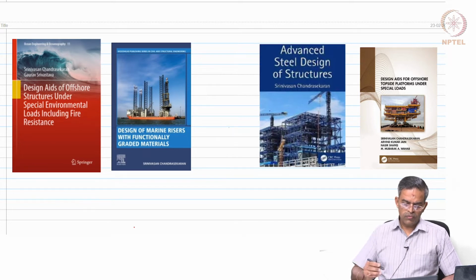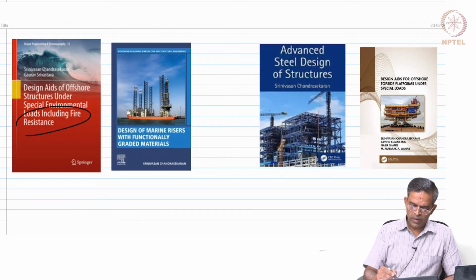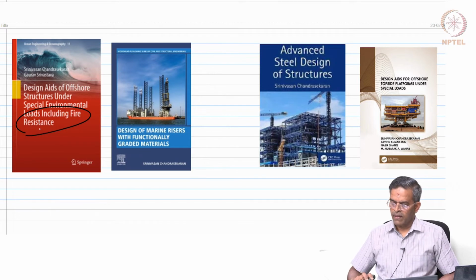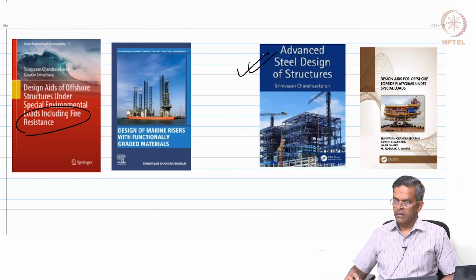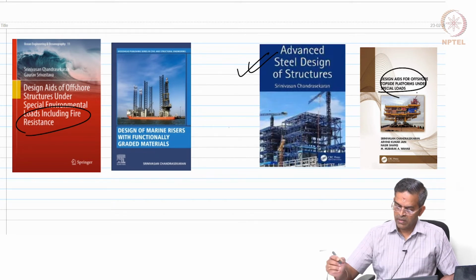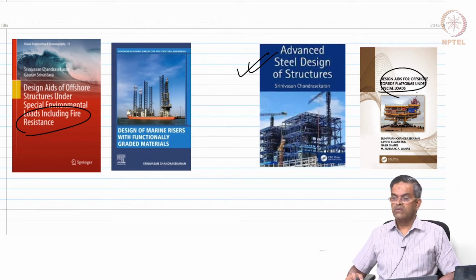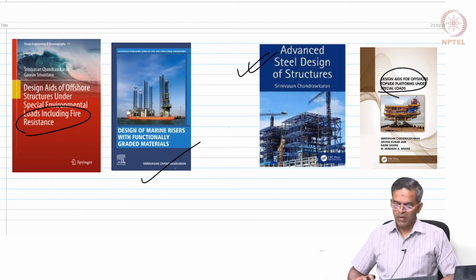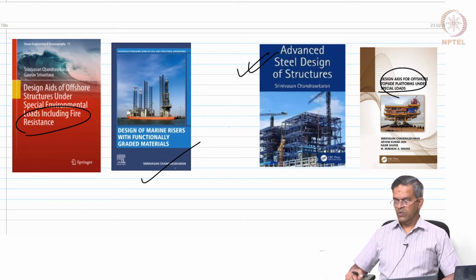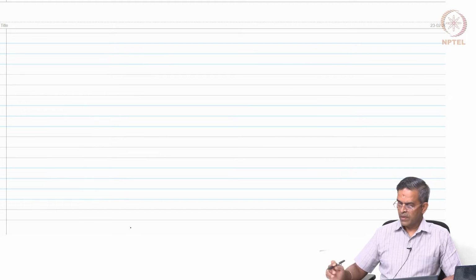Design aids of offshore structures, including fire resistance. This book covers concepts of fire resistant design as well as the special loads. Please have a look at these textbooks which are recommended for this course. In addition, if you want to know about the properties of functionally graded material compared to steel, this is a very nice reference book which is recommended for this course. Okay?